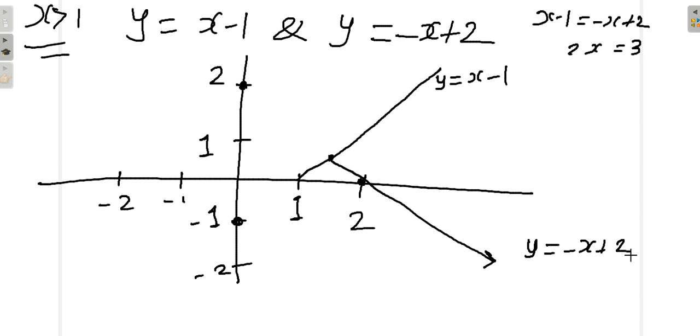Now for x less than 1, we have one graph as y equal to 1 minus x. When x is 0, y is 1. When y is 0, x is 1. So this is the graph.